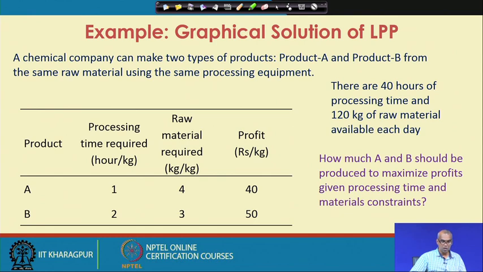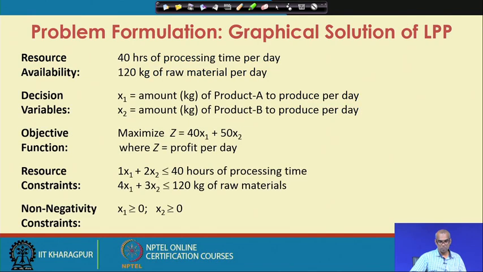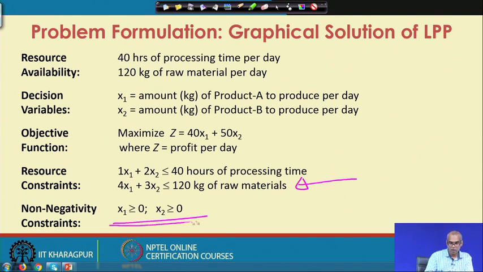So, 4 x 1 plus 3 x 2 must be less or equal to 120 kg, which is available per day. So, these are two explicit constraints, and then of course, there are non-negativity constraints, because x 1 and x 2 cannot have negative values. So, x 1 is greater or equal to 0, x 2 is greater or equal to 0.